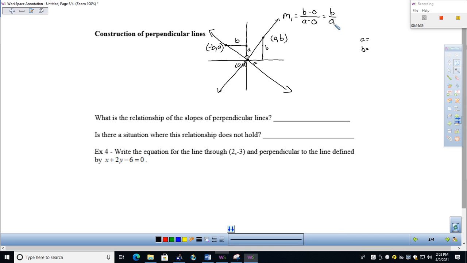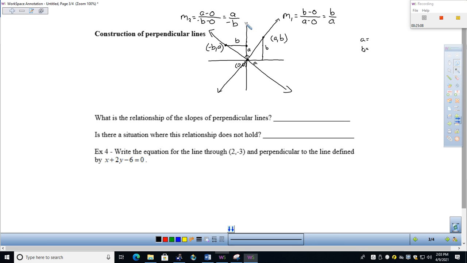Okay, that looks great. Now everybody, let's do m with a subscript of 2, so the slope of the second line. Same idea, y2 minus y1 over x2 minus x1. In this case, it would be a minus 0 over negative b minus 0. And when I do that, I get a over negative b.